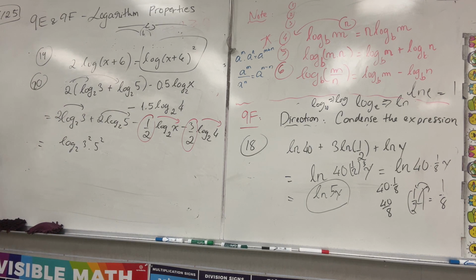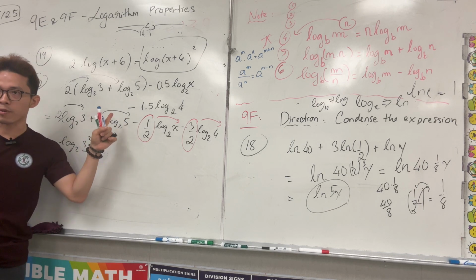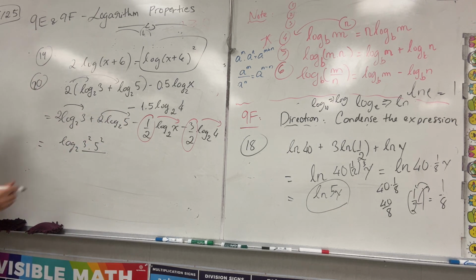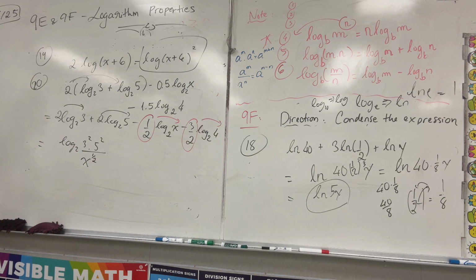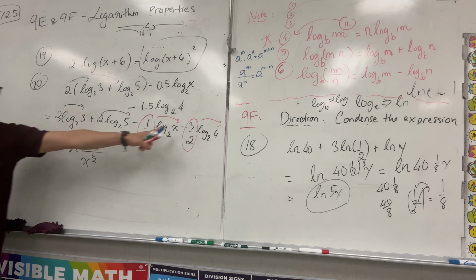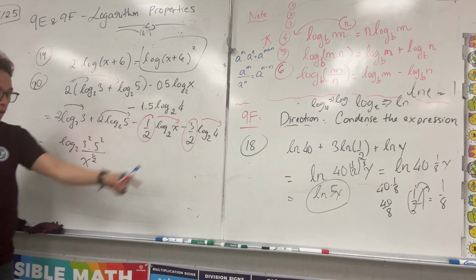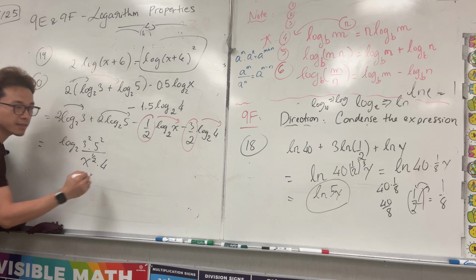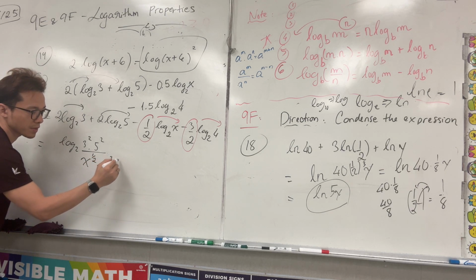Since this is minus, are they on the top or on the bottom? Bottom. So you have x to the power 1/2, and 4 to the power 3 over 2.